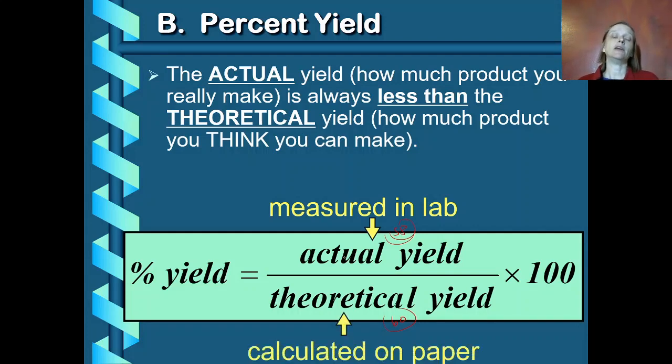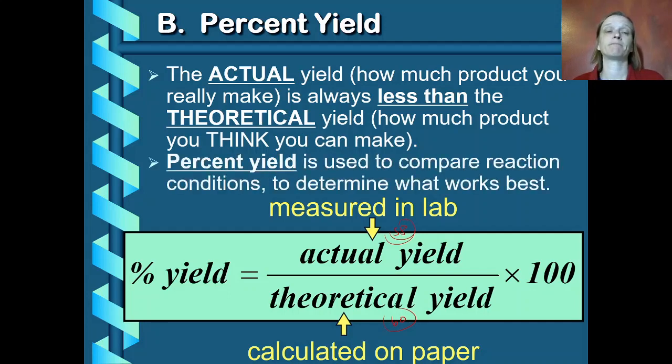The theoretical yield is theoretical. You calculate it on paper using the stoichiometry process that we've already learned. As I've already said, the percent yield is used to compare reaction conditions to determine what method works best for making your particular chemical.